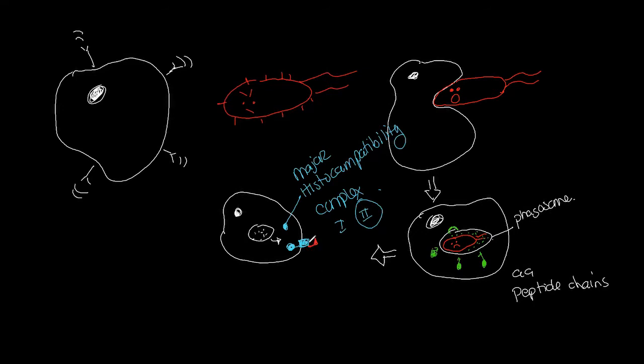So he's going to attach it to the MHC2, and it's going to present itself on the macrophage surface. It basically sends up this flag. And when other cells are traveling around, they're going to sense this antigen. That's what this is called, an antigen, and they're going to sense it and respond appropriately.